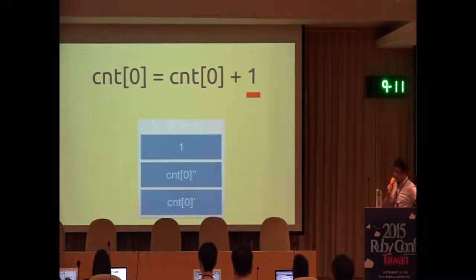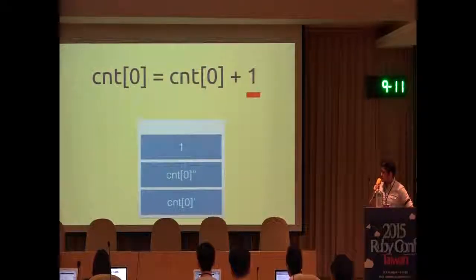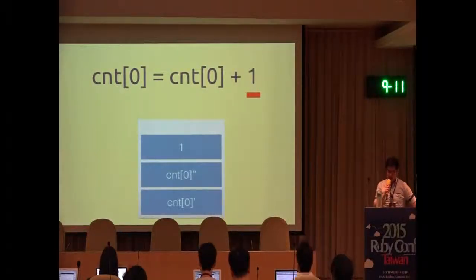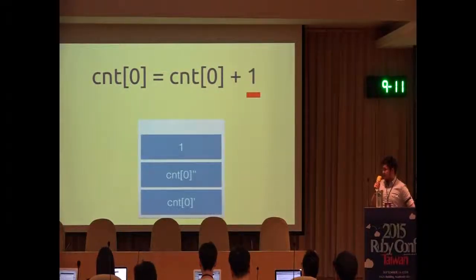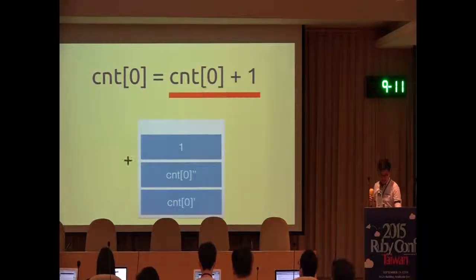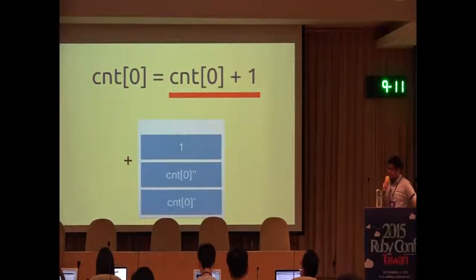Now we run across this one. It's a fixed number object. So we'll put this fixed number object on the top of the stack, which is on top of count 0 dot ground. Now the operator plus will be considered as a method to call.